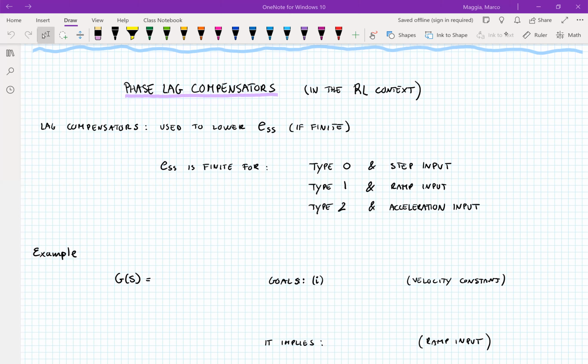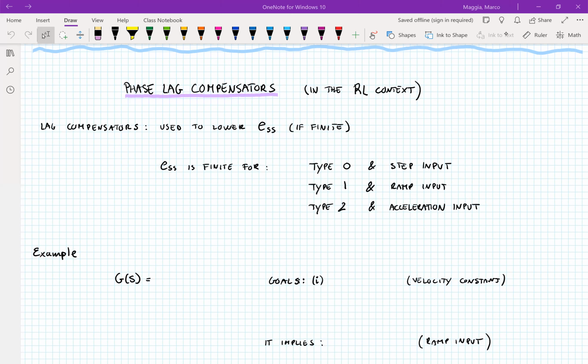If the error is infinite, there's no lag compensator that you can add that will reduce the error. And if the steady state error is already 0, well, obviously you cannot decrease it any further. So we're really looking at systems that have a finite steady state error.